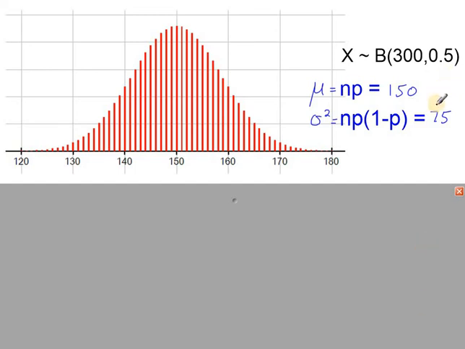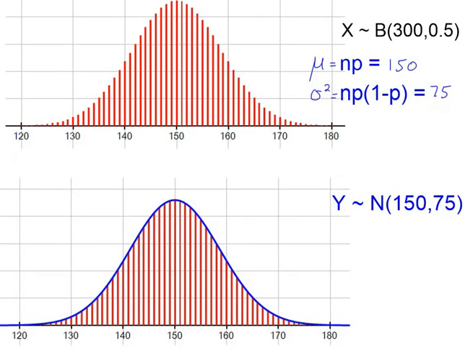So now I'm going to attempt to do a normal distribution curve with these parameters, with this mean and this variance, on the same graph. And this is what we get. So the mean went here in the normal distribution, and the variance went here.